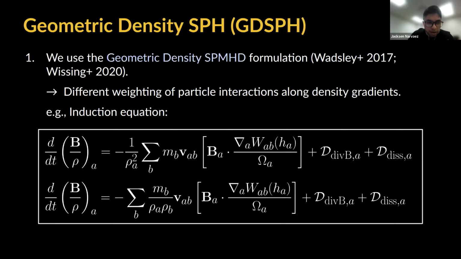For example, here I have part of the induction equation, this is standard SPH, and this is with GD-SPH. It's just a small change, modifying the weighting of the particles in the density gradient. So we modify this only in the induction equation and the momentum equation.